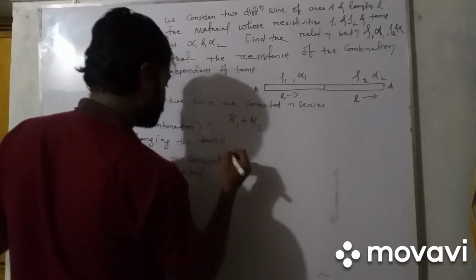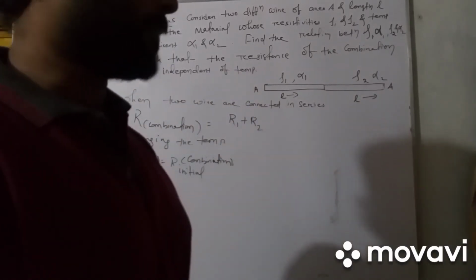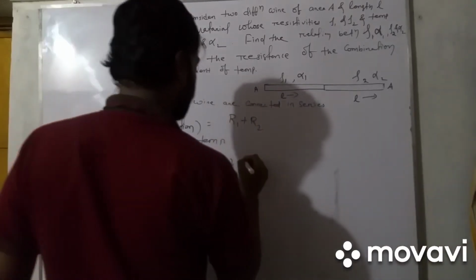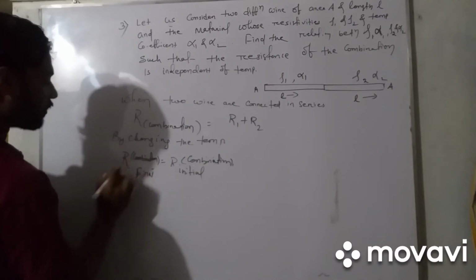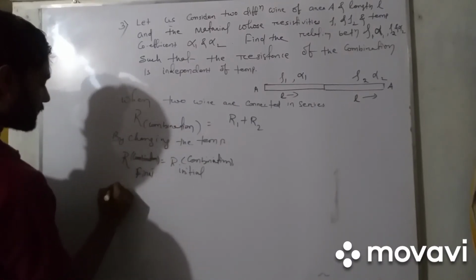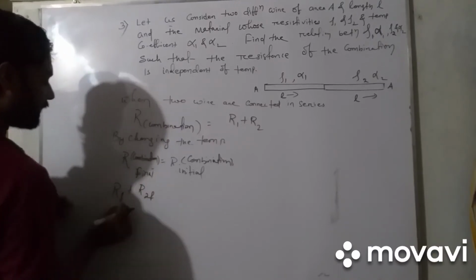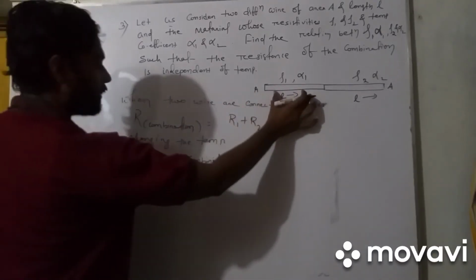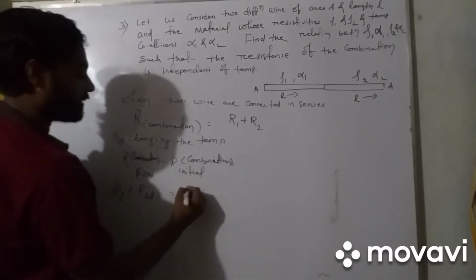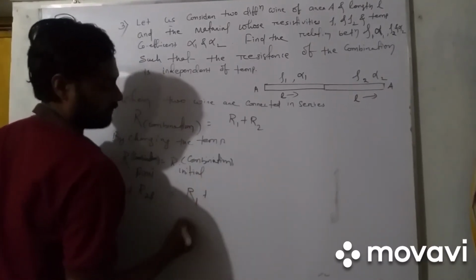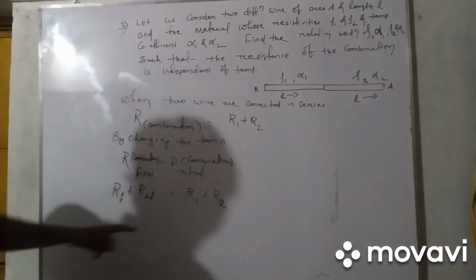So as we know the relation between resistance and temperature coefficient, we can write the resistance in combination. That is the final resistance R1F plus R2F. It is the final resistance of the first wire and this is the final resistance of the second wire, which is equal to the initial resistance R1 plus the initial resistance of the second wire R2.